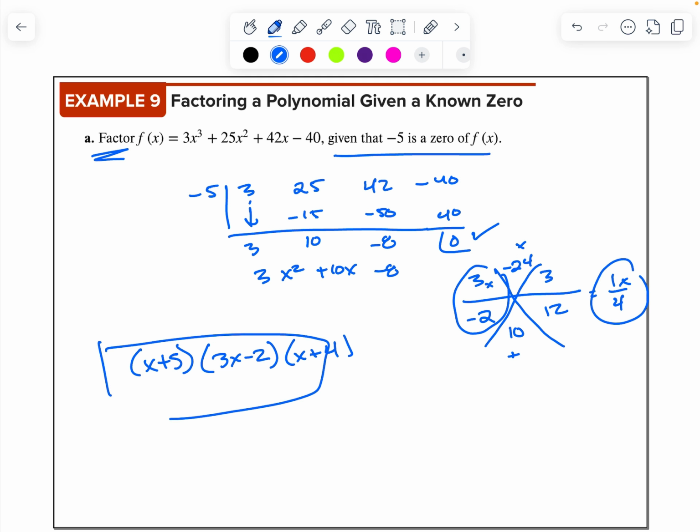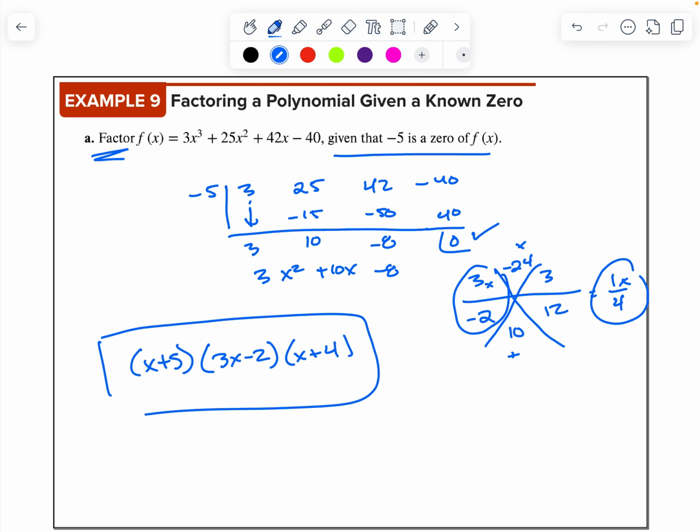I could have just carried on with synthetic division, right? We've got this factored all the way down now, but if I wanted to carry on with synthetic division, now that I know the answer, I'm going to erase this line right here. If I had carried on with synthetic division and chosen a -4, I'm going to show you how to pick those numbers. It's really tough to know what numbers to put there, but we can narrow them down.